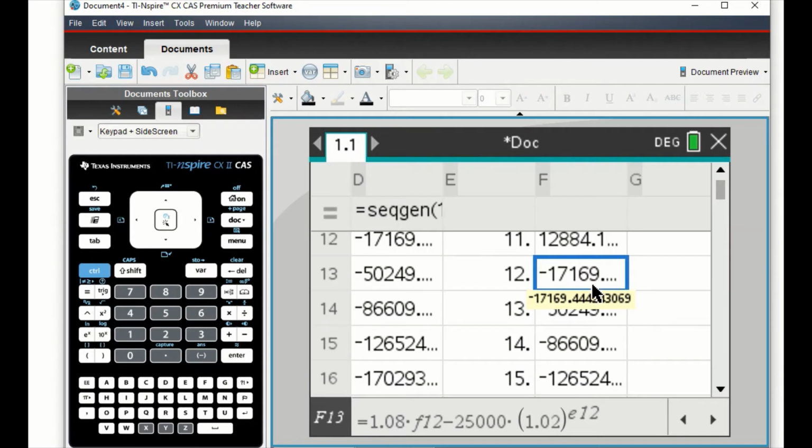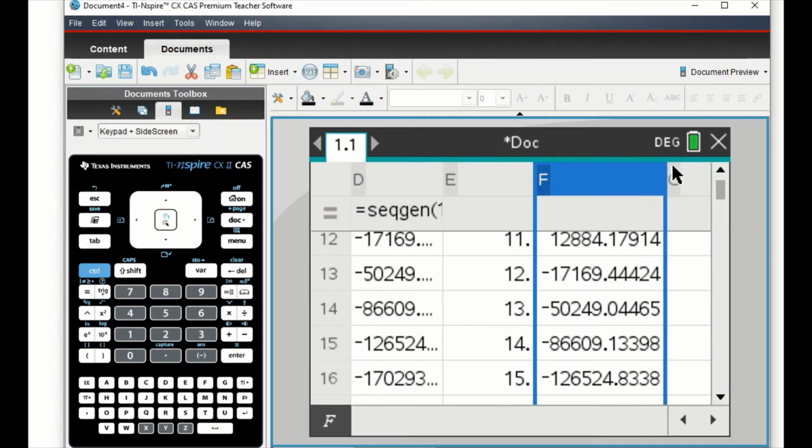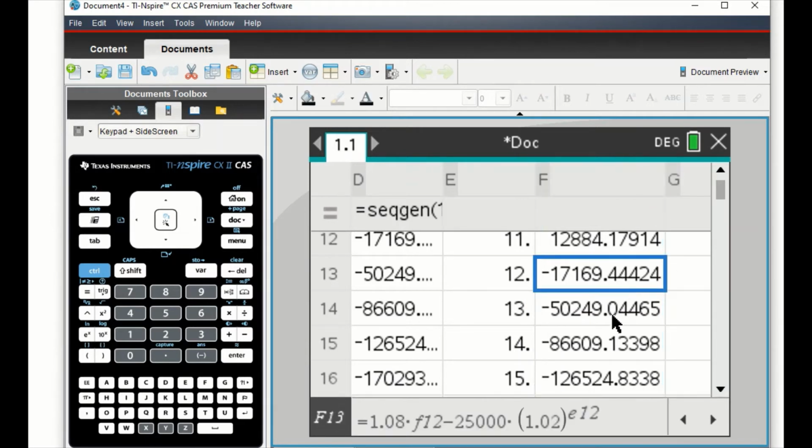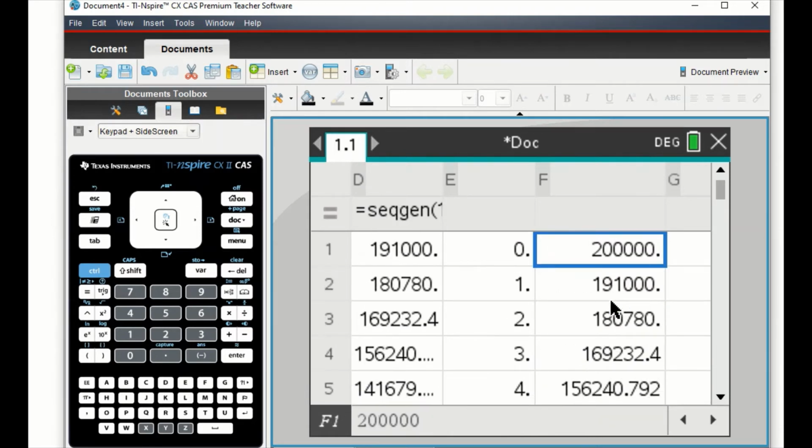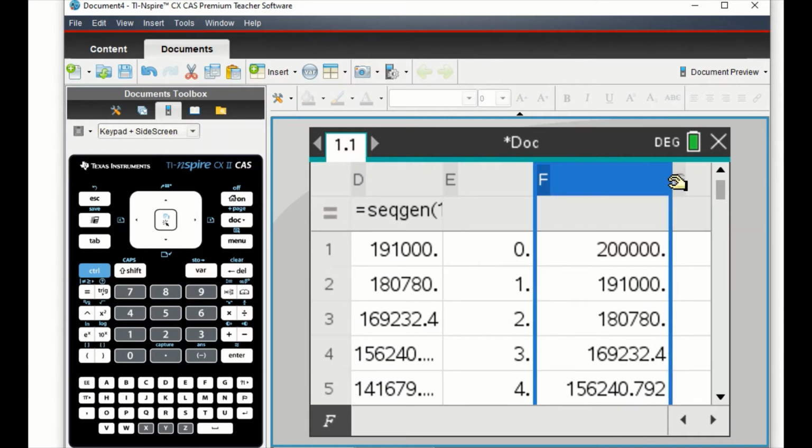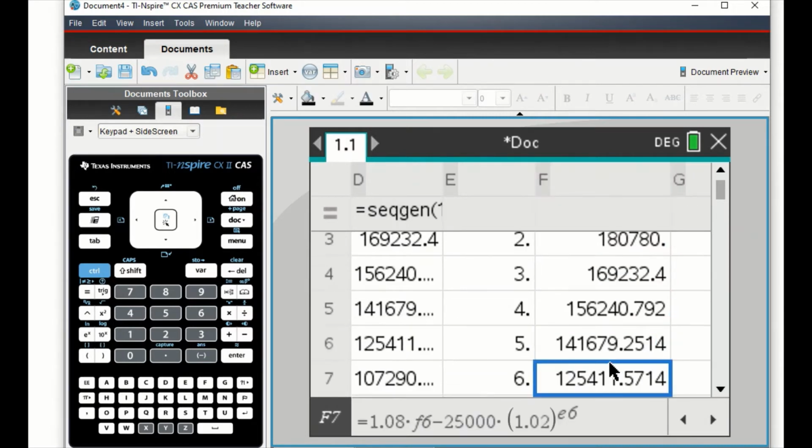If you can't read the whole thing because it shows your formula here, and you want to read the value, what you can try to do is drag the bar and adjust the width of your column. By having this, you can look at the value in a much clearer way.